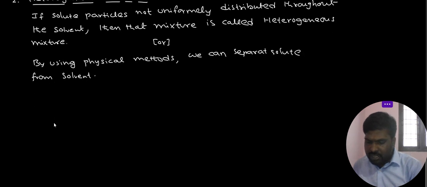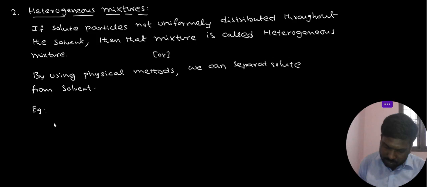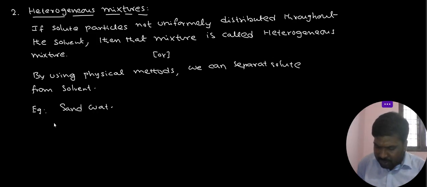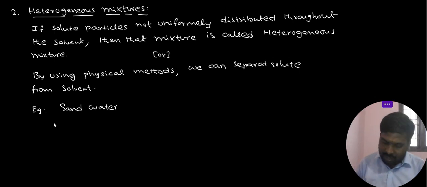So example, sand water. Here we can separate sand from water by using the filtration method. And the next example, milk. Actually, milk is a heterogeneous mixture.